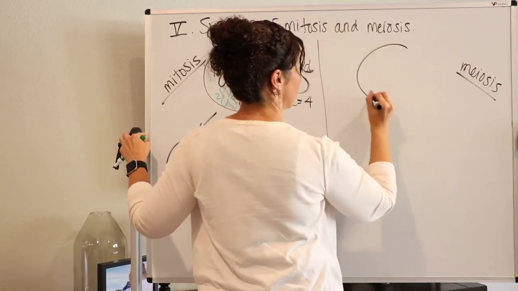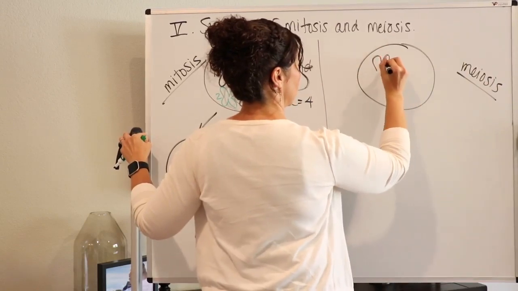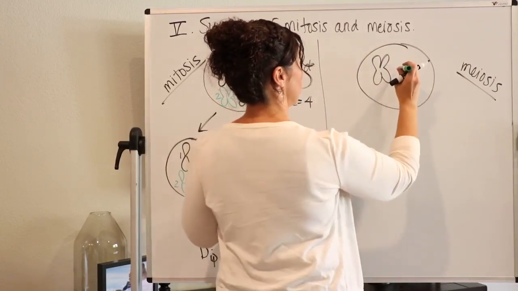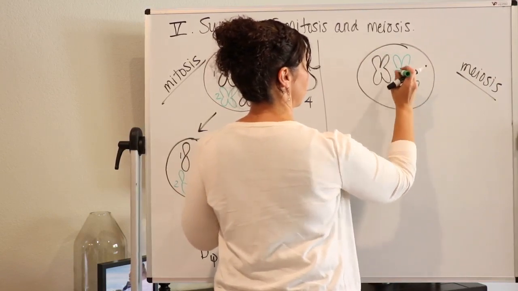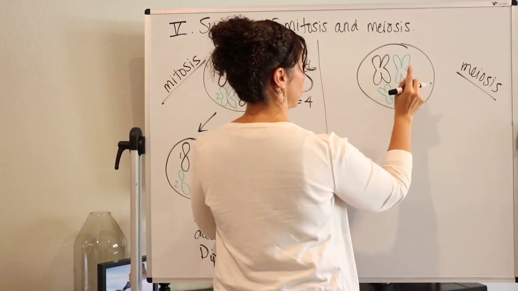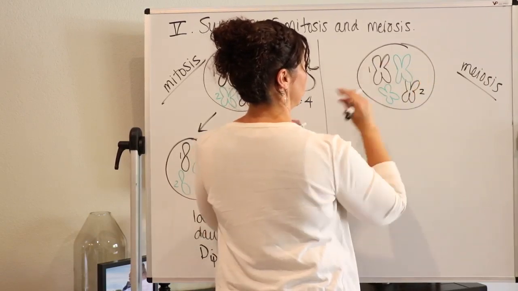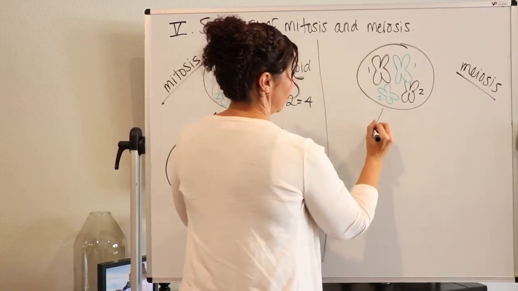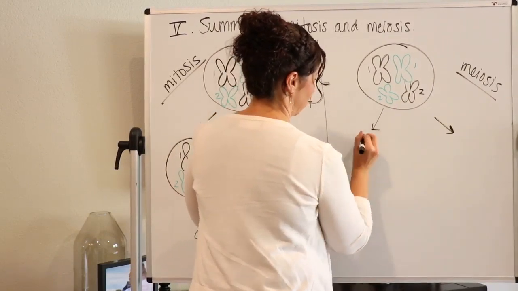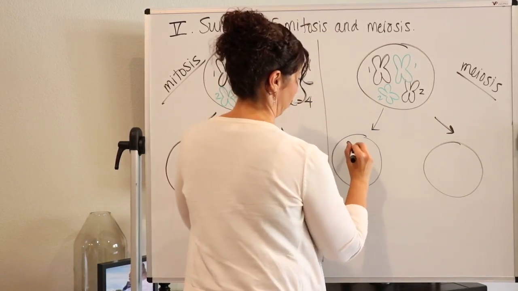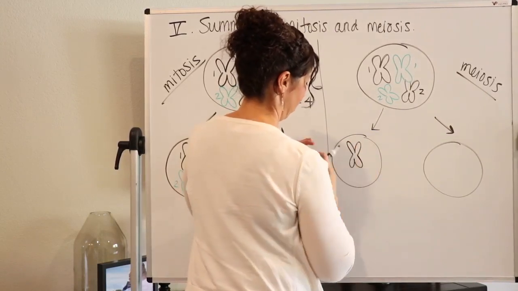So for meiosis, I have my parental cell here. We'll start with the same stuff. So I have, they're not crossing over, I don't want it to look like that. 1, 2, 1, 2, and then they'll go through meiosis 1, and this is where things get a little different.